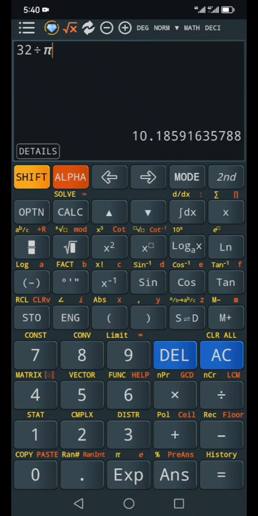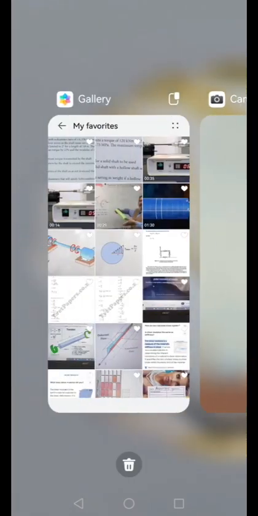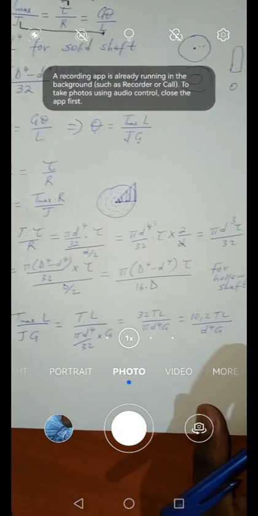Then I will say 10.2 TL over d to the power 4 G. So it's for solid shaft.